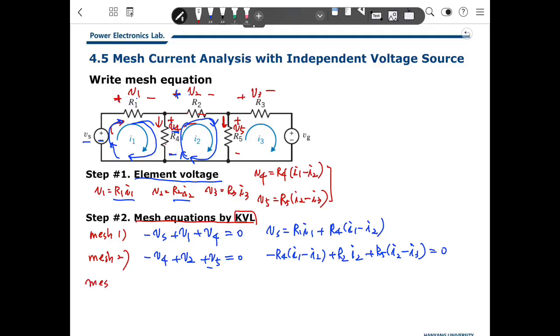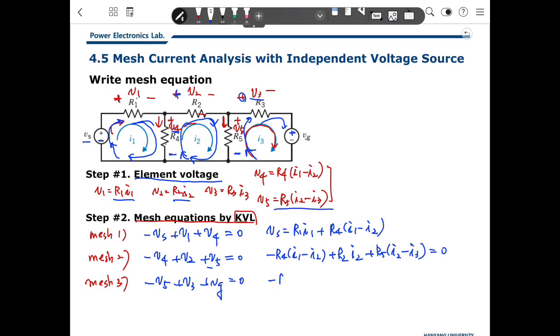Then we use mesh 3. I will start here in this way. I made minus V5, plus V3, and plus VG, which will be 0.